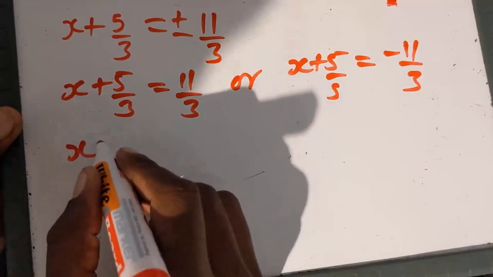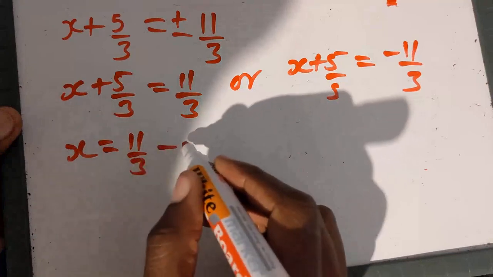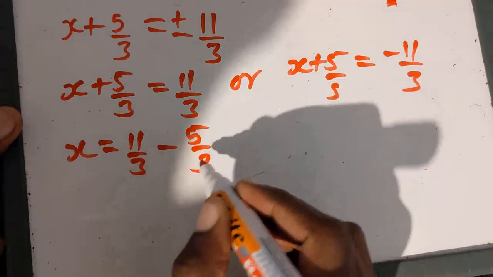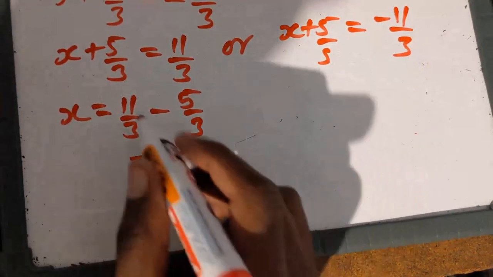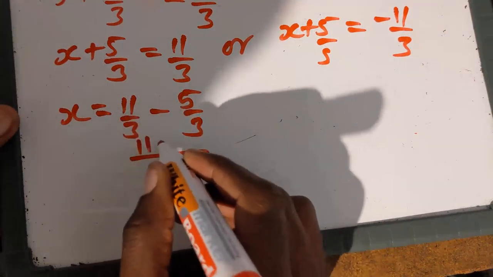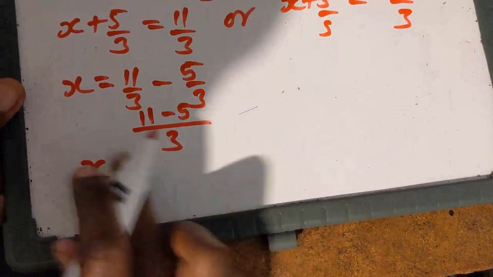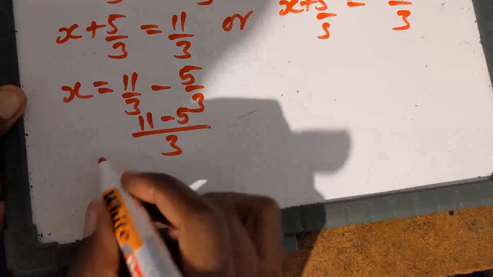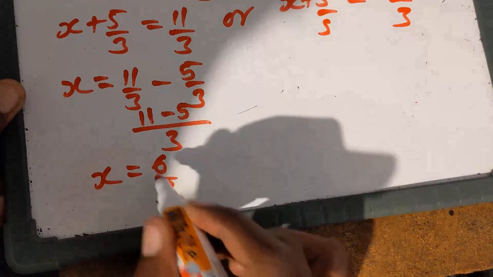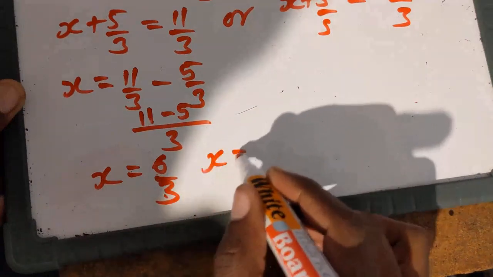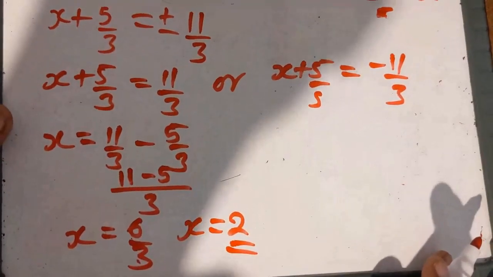Then the like terms, x is equal to 11 over 3 minus 5 over 3. From here, you know this is 3. Then here you find 11 minus 5. So x is 6 over 3. So 6 over 3, that is just 2, meaning that x is equal to 2. That is your first value. X is equal to 2.